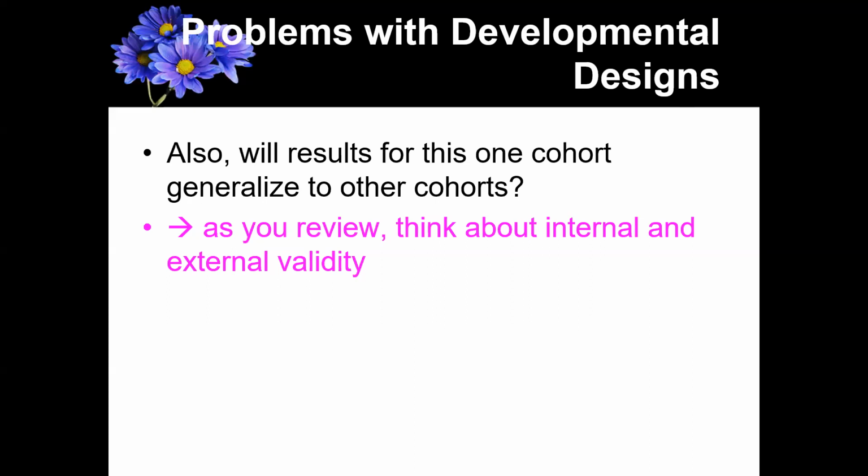If you're saying, oh, this is the case with all people that change from this age to this age, well, when you only have a single cohort, that might affect your validity, right? Maybe you don't have a very representative sample and your external validity can really suffer. Maybe you can't generalize it to other cohorts because you just have one.